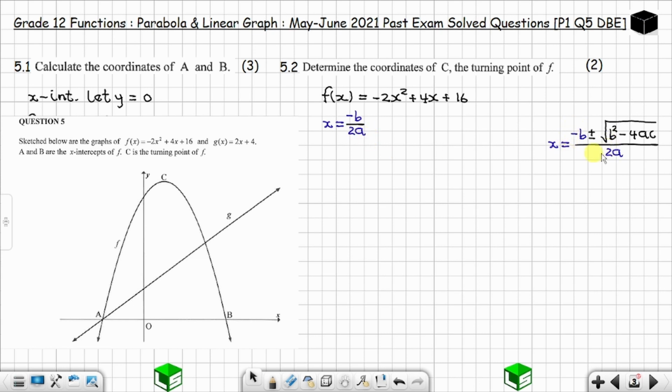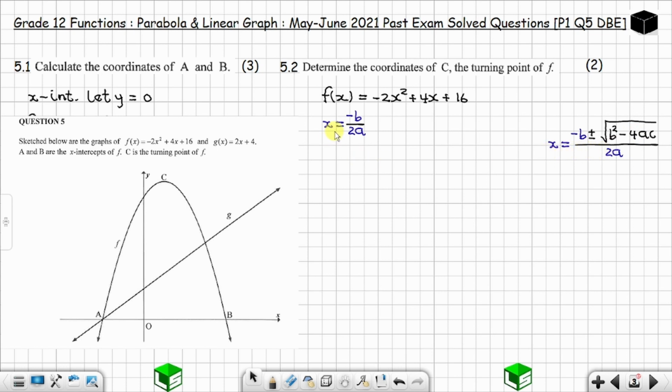You pull it from this quadratic formula, and this quadratic formula is given on the formula sheet together with the question paper. So no need to stress memorizing it. If you want to memorize, you can. It's an easy formula, but there is no need for that because it will be given on the formula sheet together with the question paper.